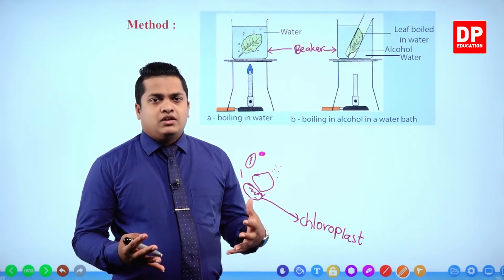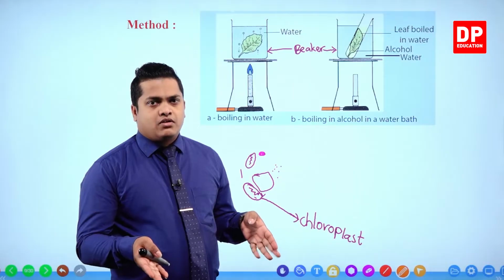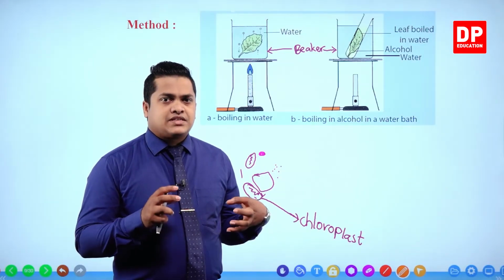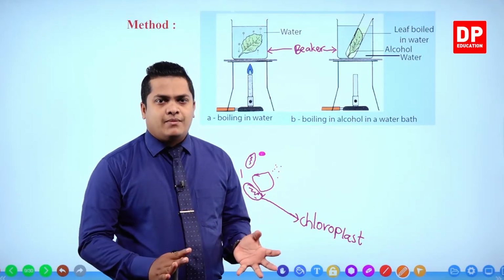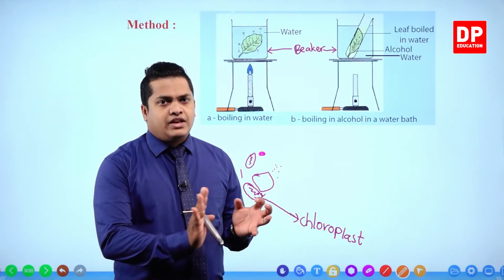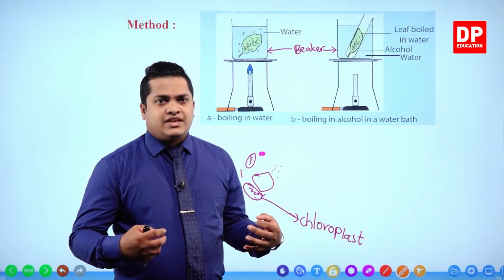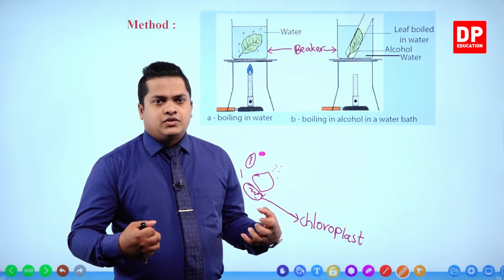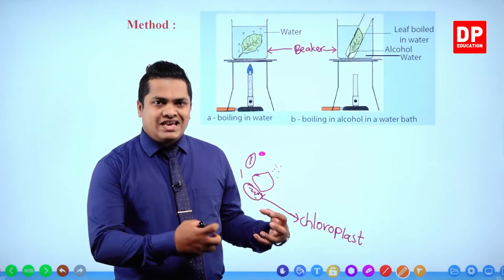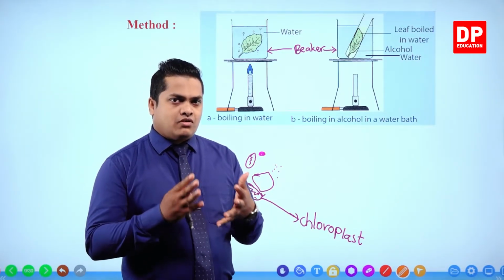However, chlorophyll contains carbon. Chlorophyll is a substance made mainly from carbon. So we can't dissolve chlorophyll in water, as they are unlike substances. We have to get a like substance in order to dissolve chlorophyll.